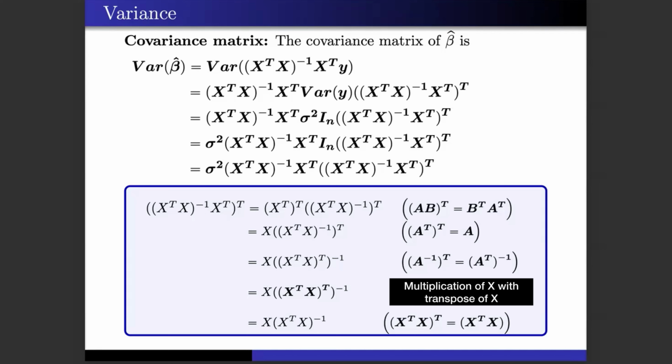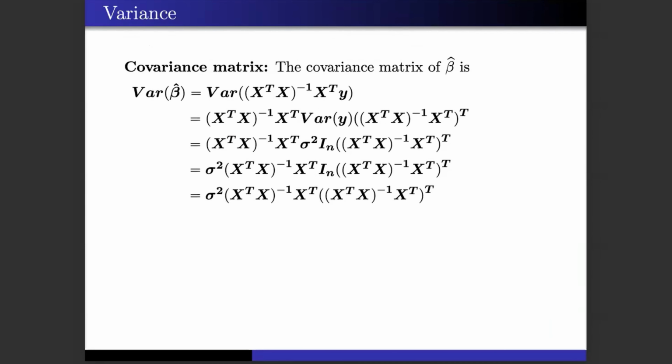And that gives us (X transpose X) whole transpose is equal to X transpose X. We use this result over here and we get that the transpose of (X transpose X)inverse X transpose is equal to X times (X transpose X)inverse. And we have simplified the second term we have in the covariance matrix of beta hat.